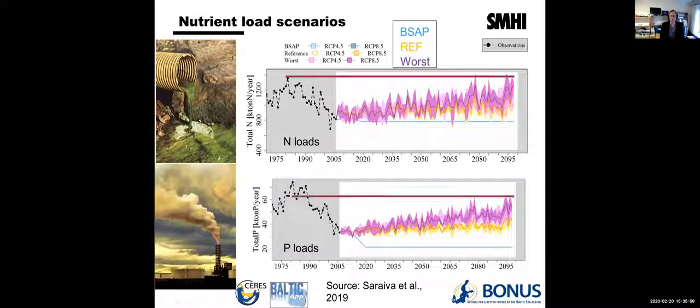And for phosphorus, it's even better. So I think that is a little bit optimistic, looking at it from that perspective. But still, there are a lot of nutrients, and we have a long way to go before we reach the Baltic Sea Action Plan. And what does this mean when we also have climate change?